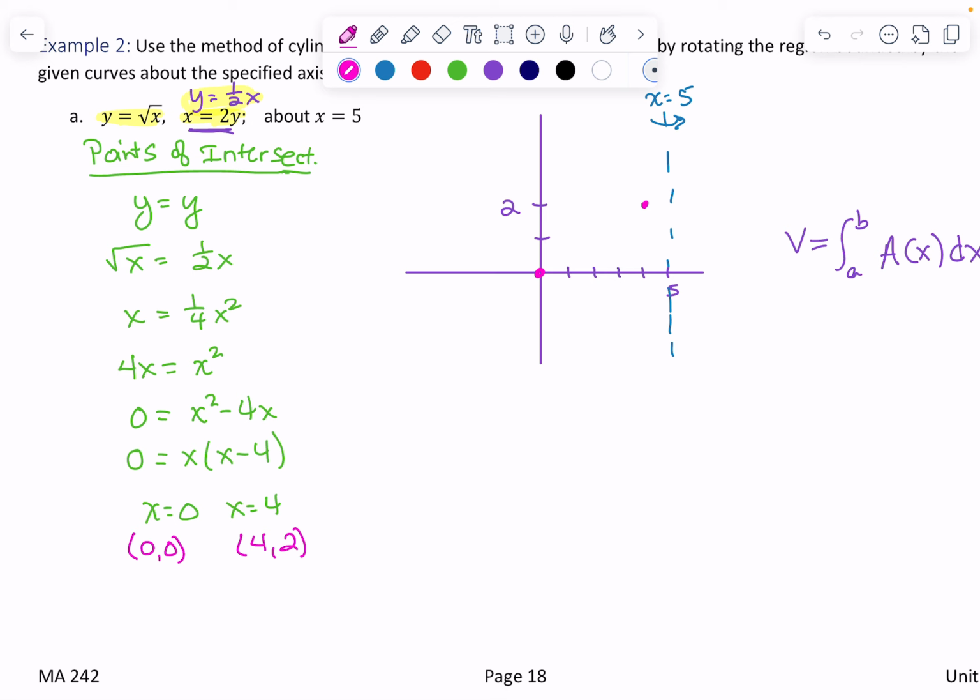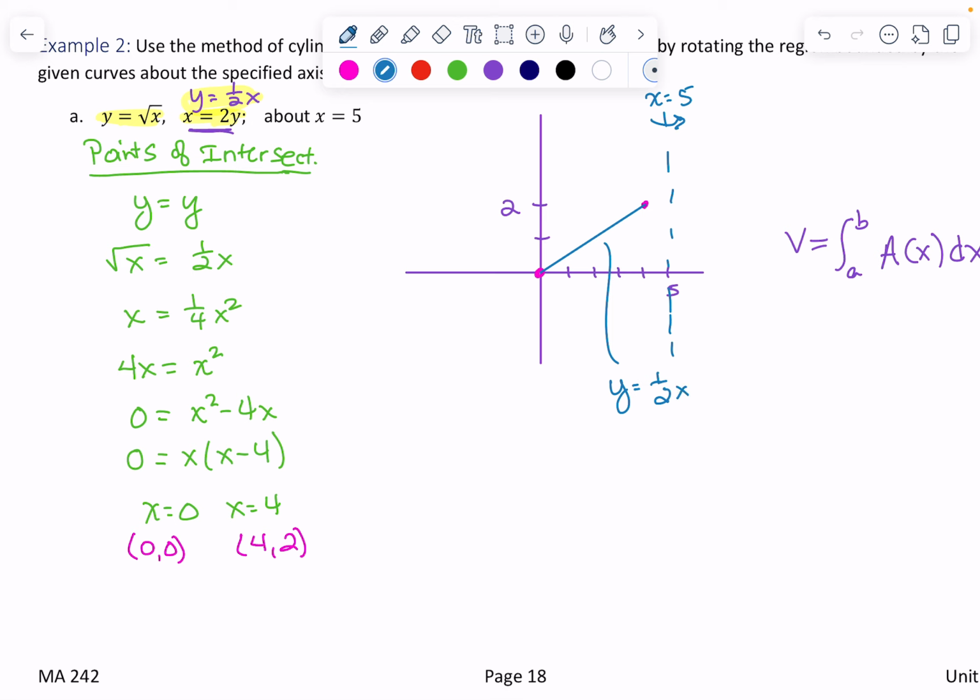What I need to do now is graph it. If I look at y equals 1/2 x, that one's a nice straight line, so I'm just going to pop that in. Let's do it in blue. So right here, this is y equals 1/2 x.